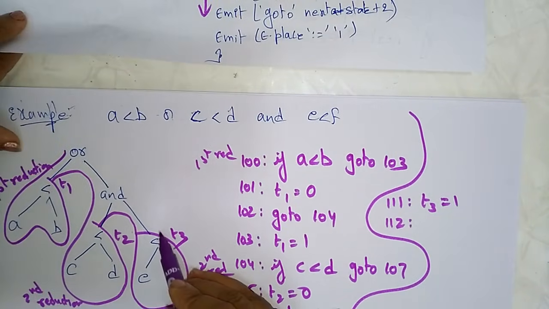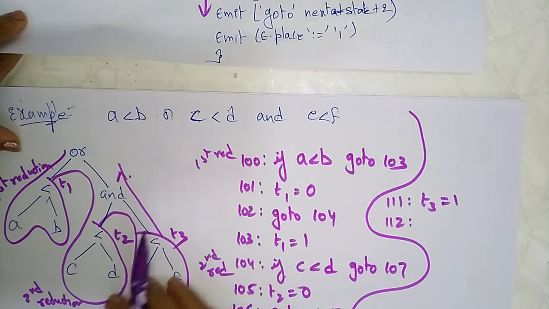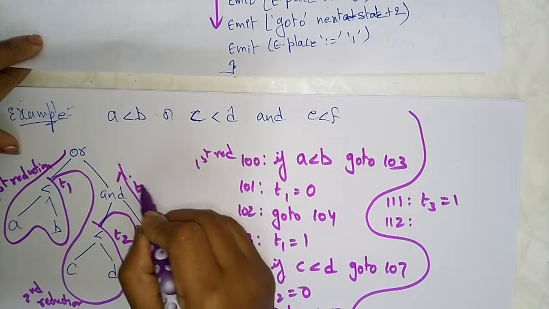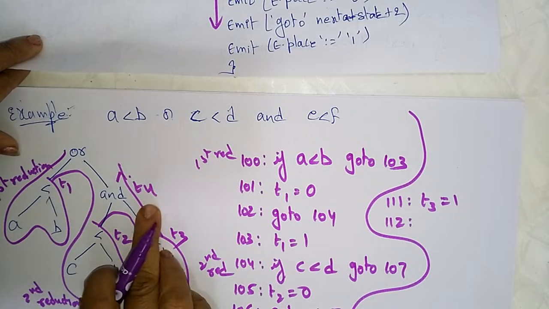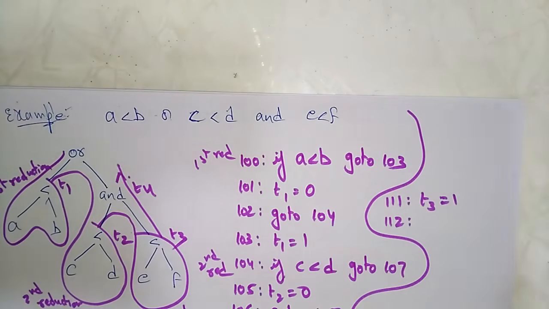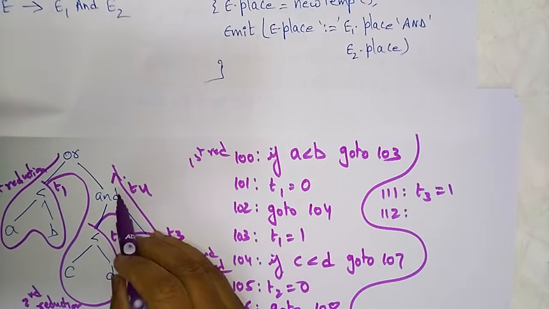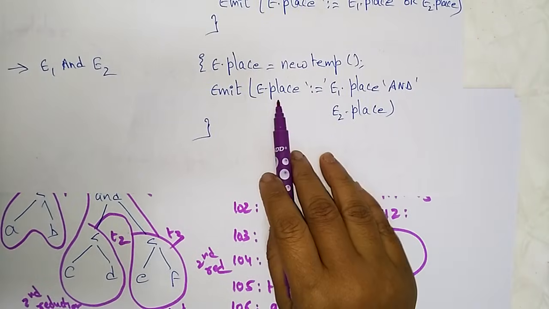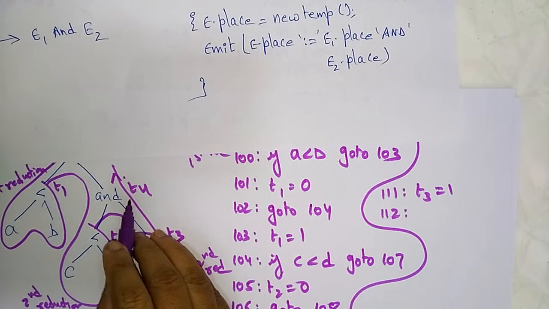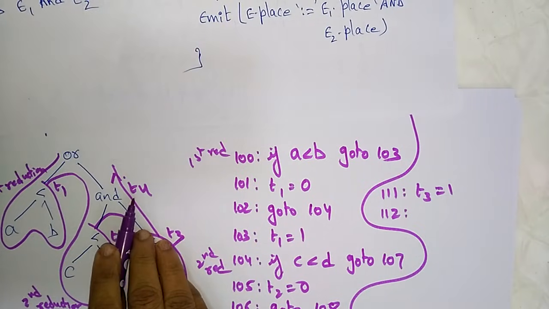The 3 reductions are over. Coming to here, let's take this as T4. The T4 operation means E1 and E2. What is the action for E1 and E2? You have to take a temporary variable, and I am taking the temporary variable as T4.